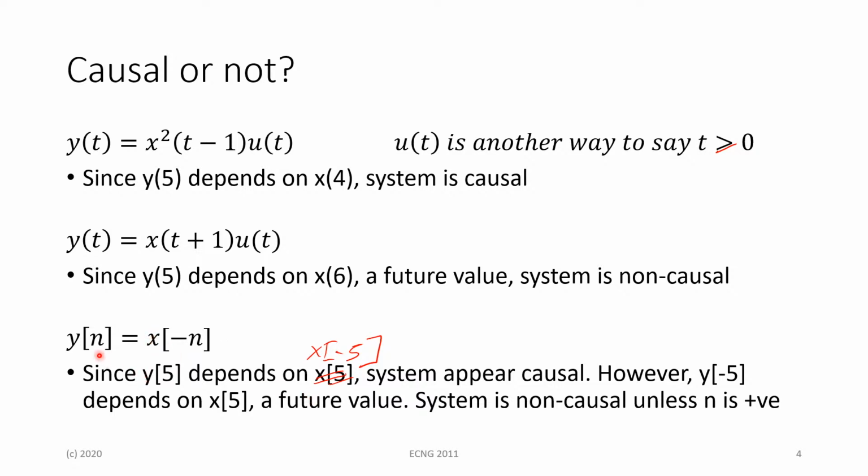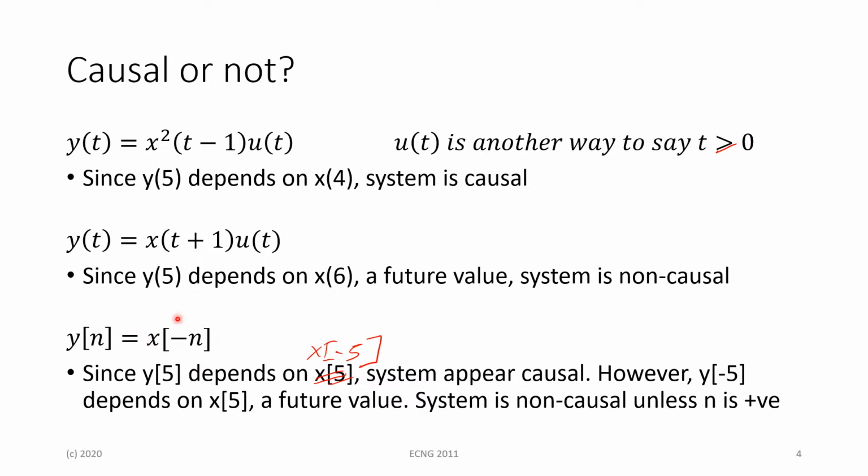However, if we say n was equal to minus 5 here, that means y of minus 5, meaning a previous value, or a previous time instance. If we put minus 5 here for n, that's minus minus 5, so that gives us positive 5. In that case, our input here is going to be at the n instance of 5, and this is going to be a future value.